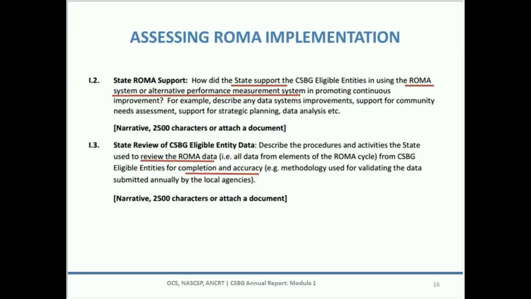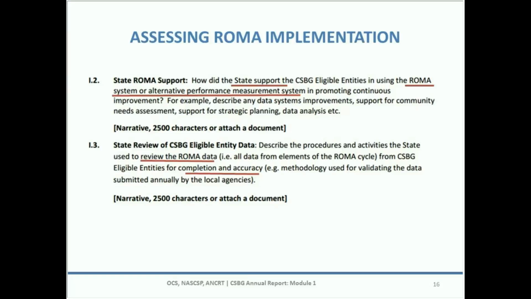In I.3, the state is describing their procedures and activities used to review the ROMA data. Make note that this is all the data from the elements of the ROMA cycle.